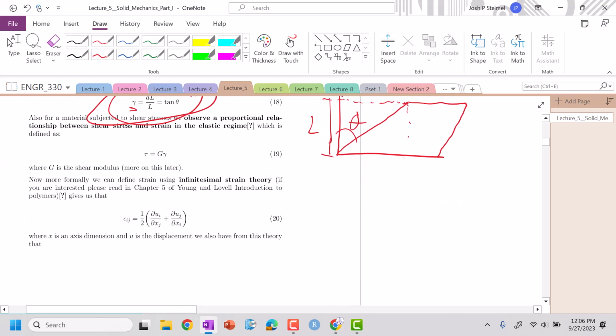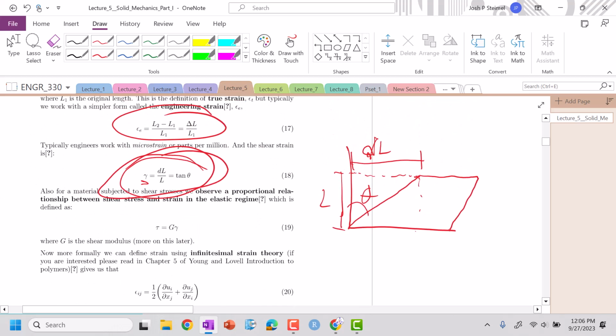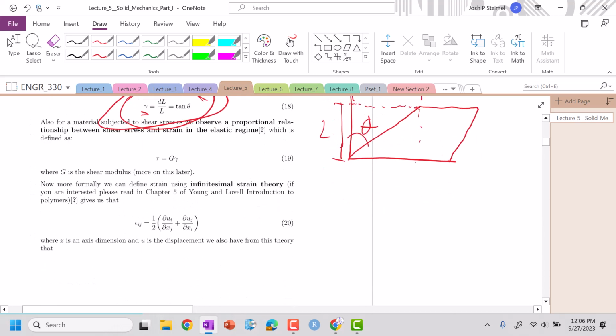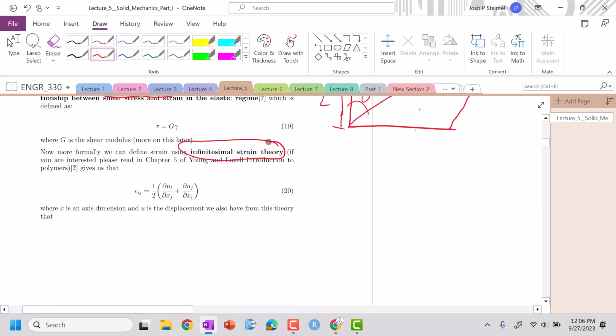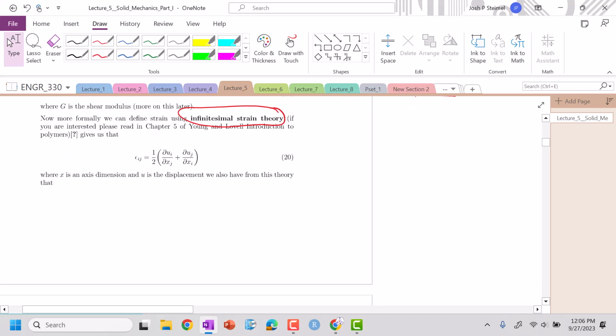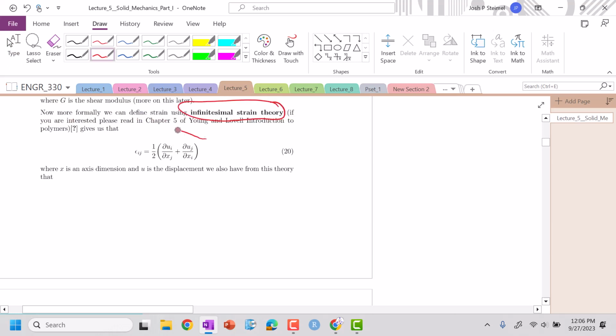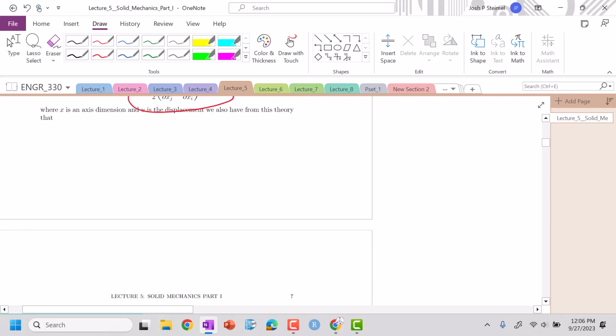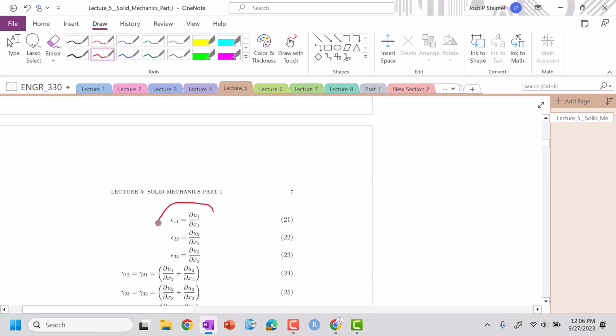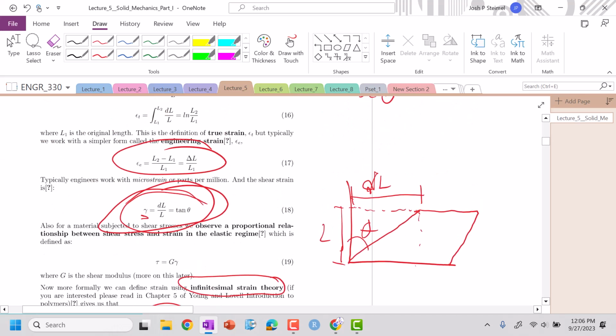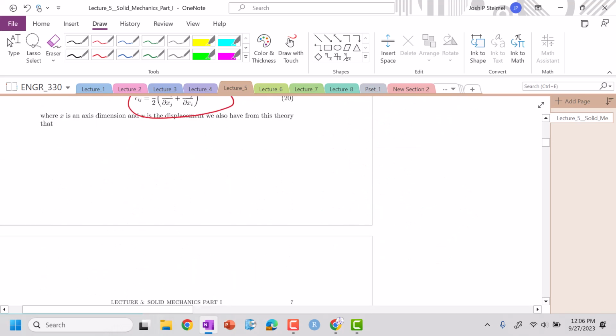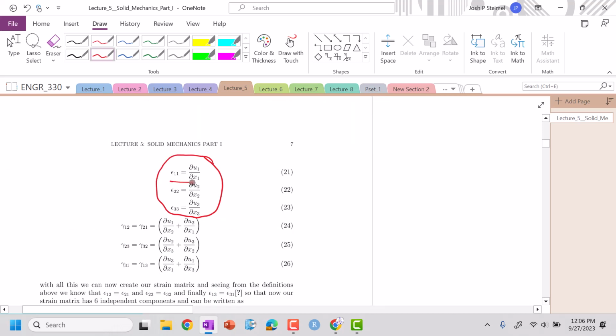Now, there's one caveat to this. Our definition of engineering shear strain has this pesky half. Infinitesimal strain theory is something you can read up on, and I have several videos that go into this topic in more detail. The really rigorous definition of strain is this infinitesimal strain theory, and you see that our engineering definition of normal strain, when I'm applying strain normal to the area on which it's acting, is exactly the same as this definition.